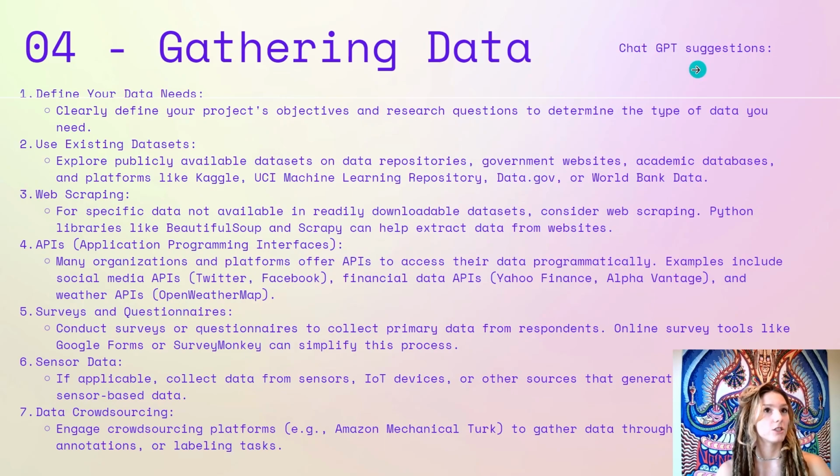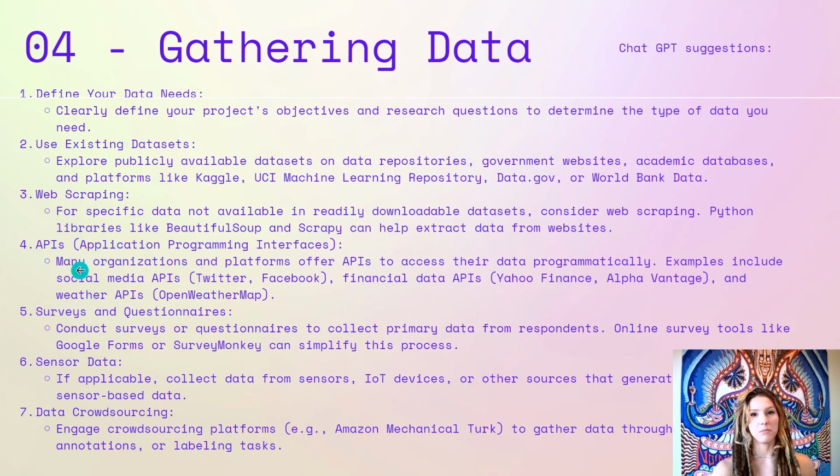So here are some ChatGPT suggestions for how to gather data, which I agree with. So what data do you want? You can use data online: data.gov, World Bank, Kaggle. You can go and do research and find data where maybe they don't have a CSV for you to use, but they have the data, and then you can create categories yourself and make your own CSV, which is really, really easy to do.